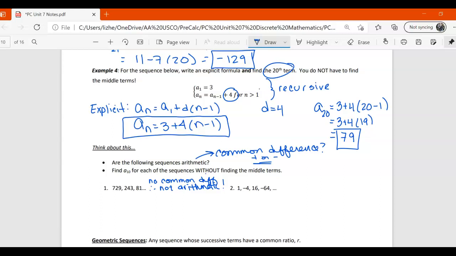So if you do a little dividing there, 729, sorry, okay. Anyhow, if you do 729 divided by 243, you get 3. And you do 243 divided by 81, you get 3.